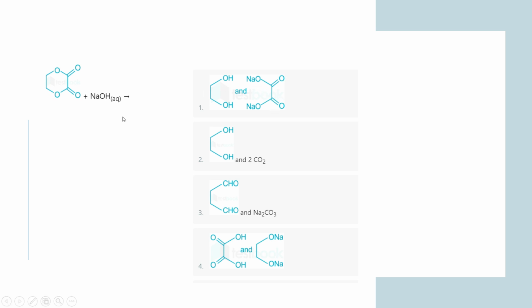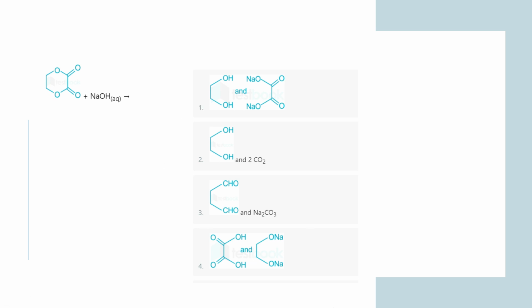Okay, in option 2 you can see this diol is given and two molecules of carbon dioxide are getting generated, and in option 3 you are getting a dialdehyde along with sodium carbonate, and in option 4 you have been given this diacid and sodium ethoxide. Okay, so which of these four will be possible?